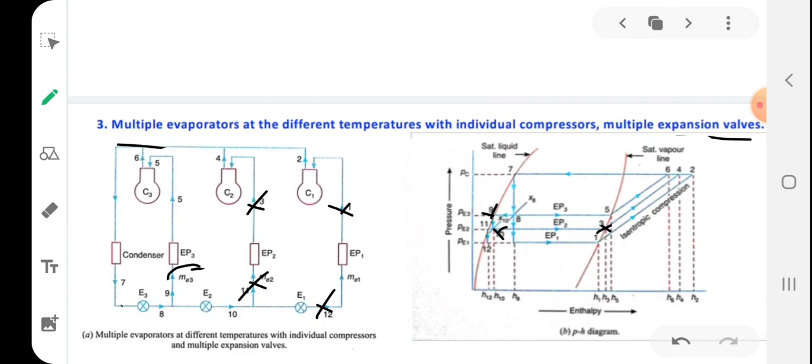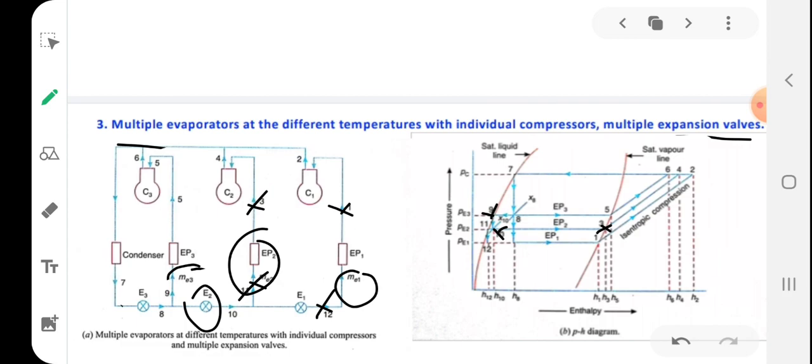I have already told you that the second evaporator EP2 is also supplied with vapors formed during expansion of me1 amount of refrigerant while passing through the expansion valve E2, right?